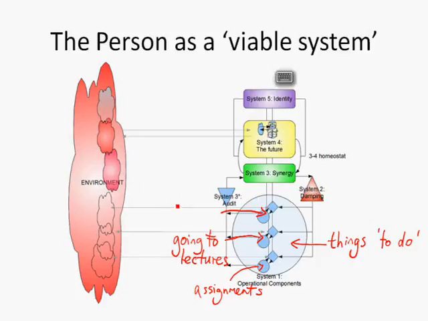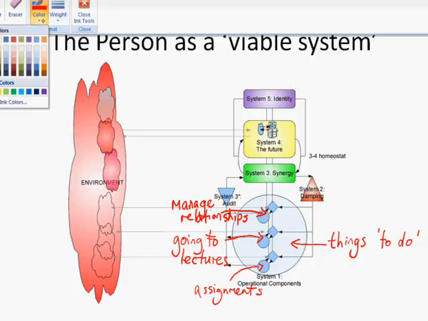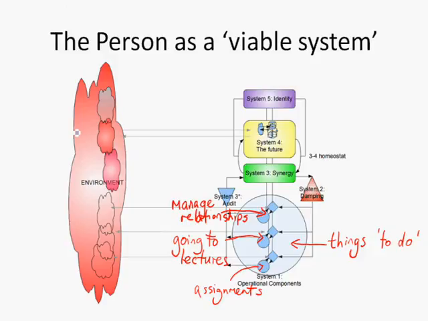Or alternatively, they might have to manage relationships, manage communications with their peers, with their teachers, with their family. And in fact there are many, many things that learners have to manage when they engage in their learning. Not all of them have to do with the university.